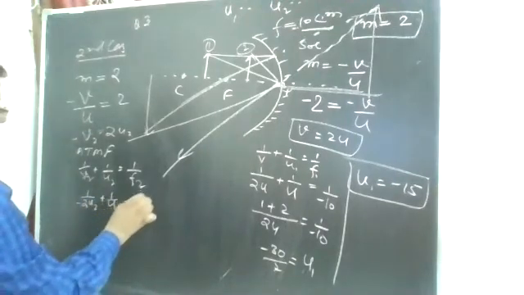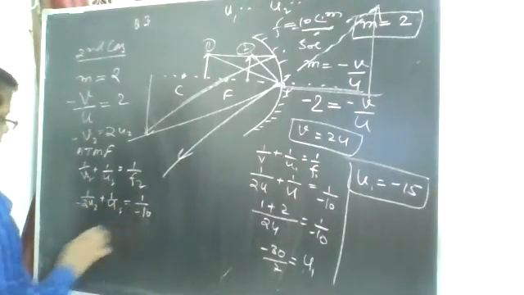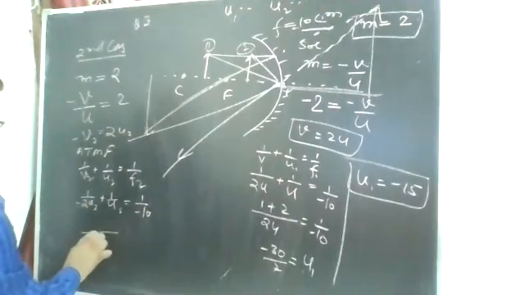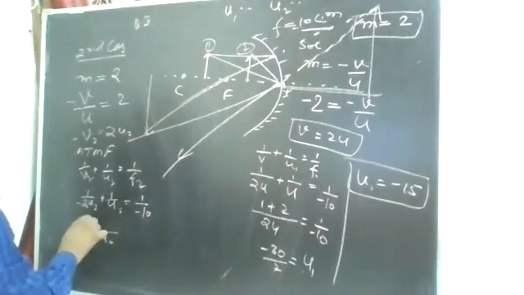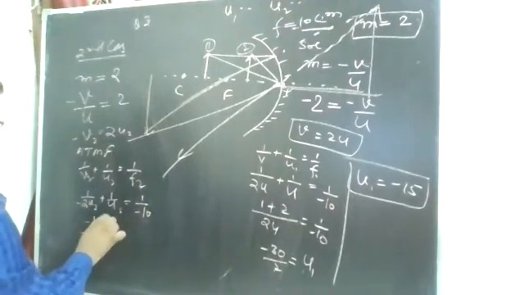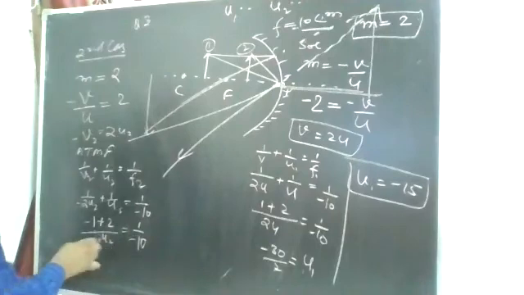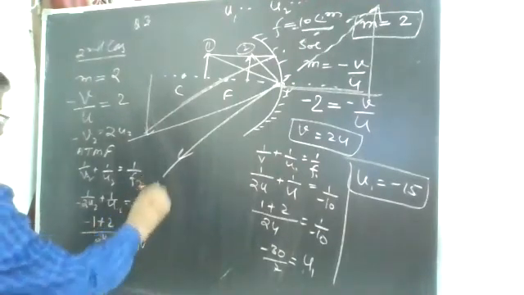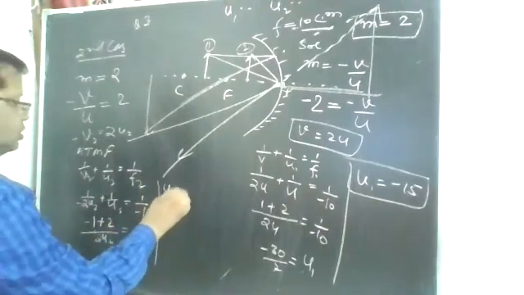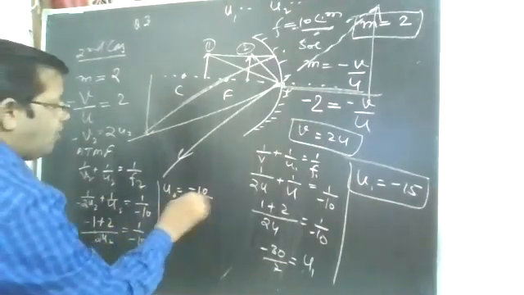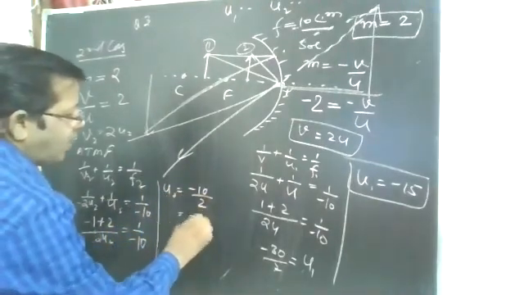And what is the focal length? Concave mirror, minus 10. Solve this. What is the LCM? 2u2. Minus 1 plus 2 over 2u2 is equal to 1 by minus 10. So 2 comes to this side, 10 upon 2, that is u2 is equal to minus 10 upon 2, which is minus 5 centimeter.